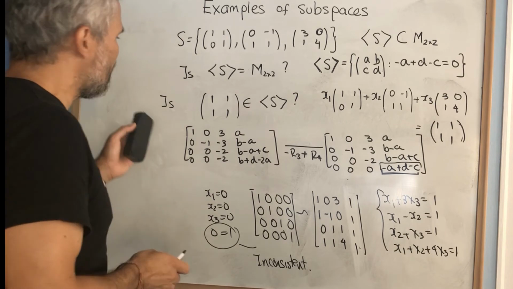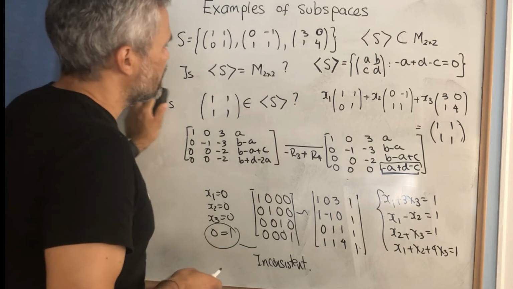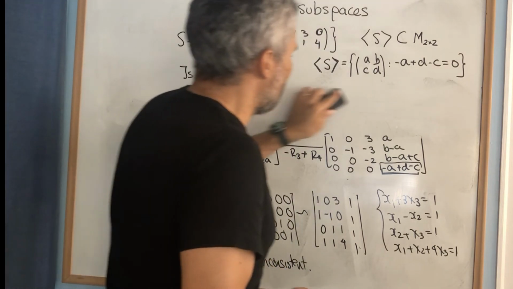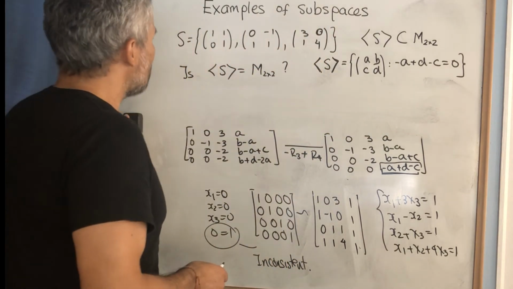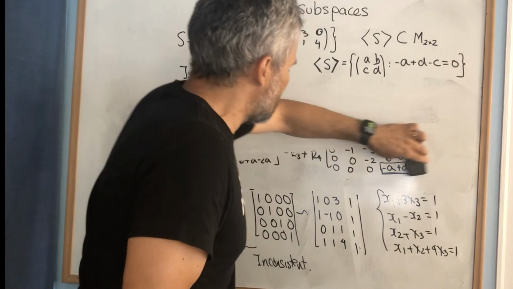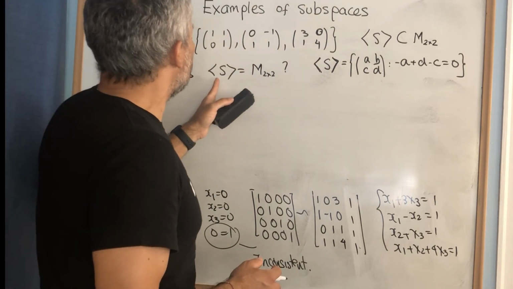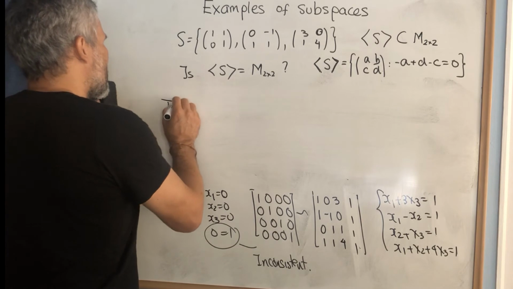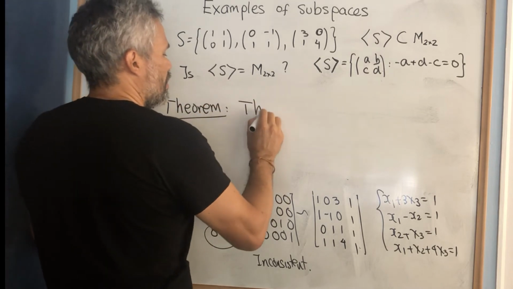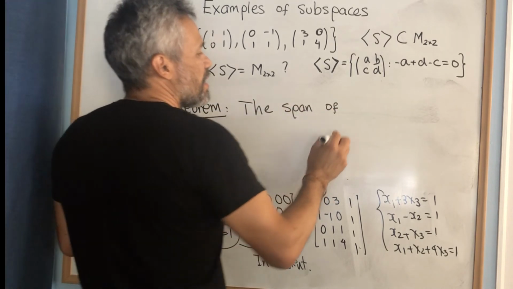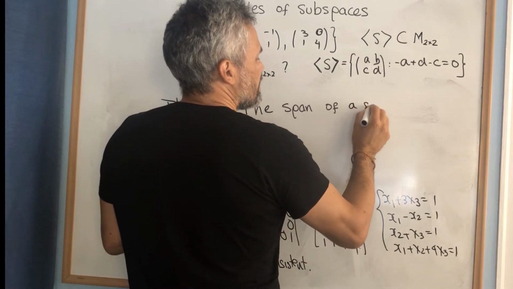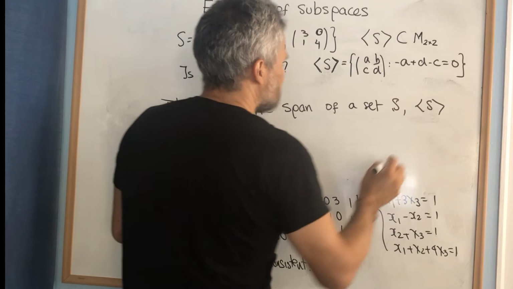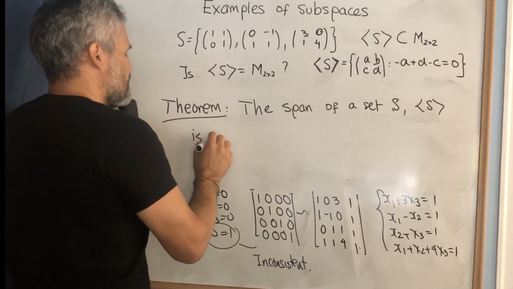Okay, we have this example, and let me mention a theorem that is very, very important, and is that in general, the span of any set is a subspace. And let me write that as a theorem. The span of a set S, that means this space, is a subspace.